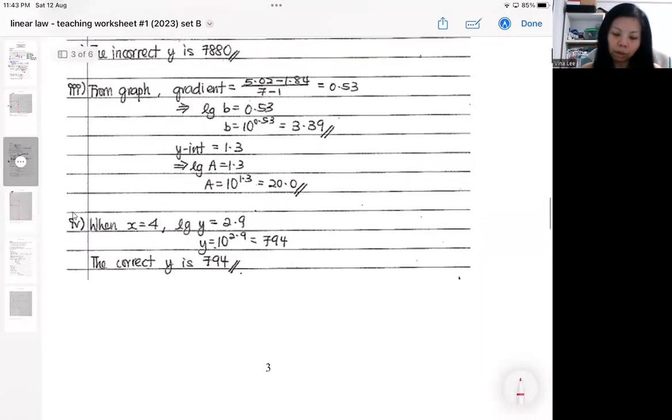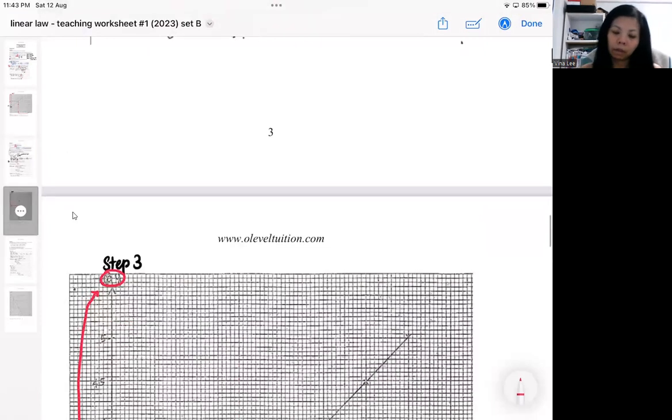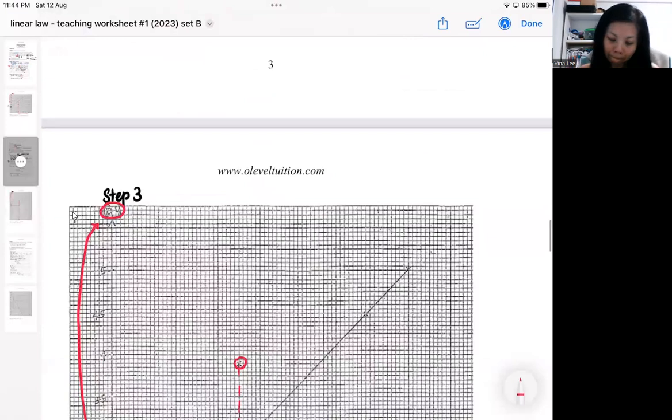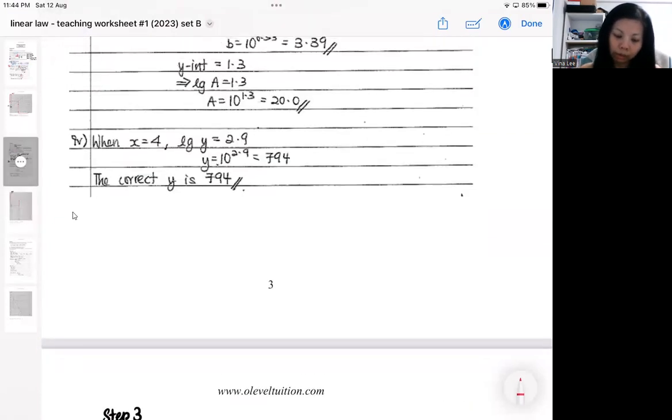I think I got a 2.9. Sorry, I think I wrote this wrongly. So LGY is supposed to be 2.9.